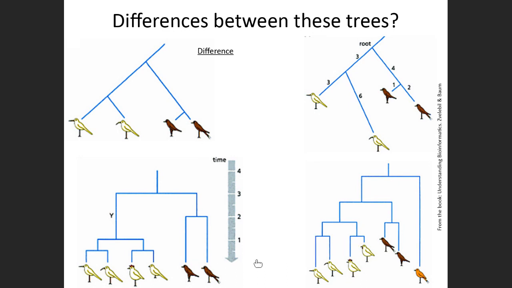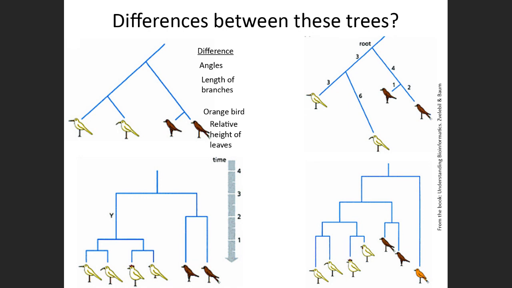In an ultrametric tree, all your species have to be lined up, where this is today. So if we did it like this, in an ultrametric tree, that would imply that this has to be here. Maybe you have that fossil, but normally in an ultrametric tree, they will all be lined up at the present day.